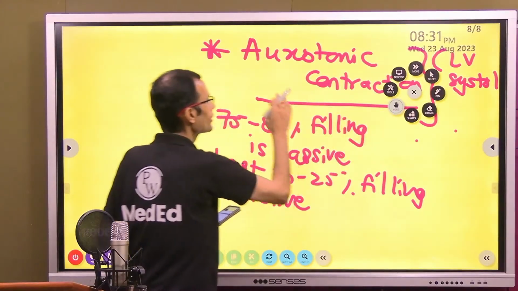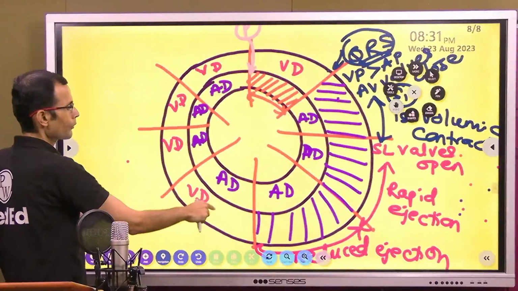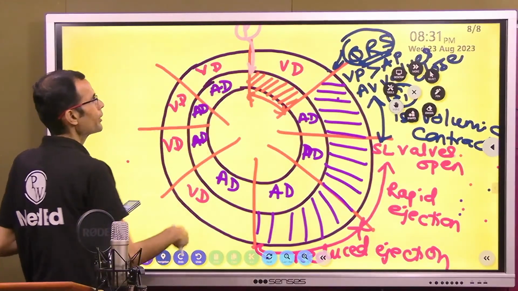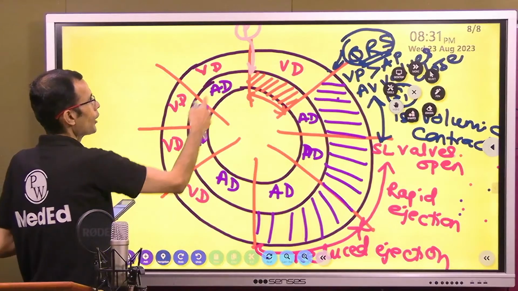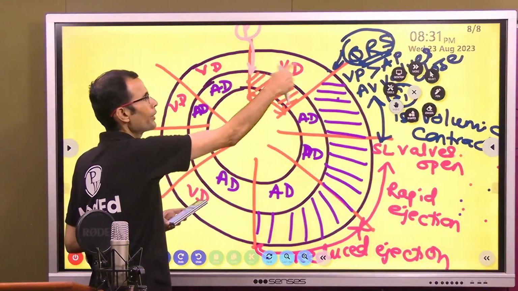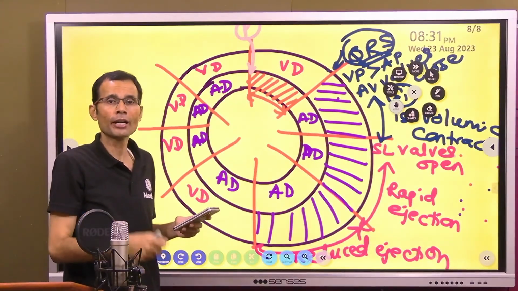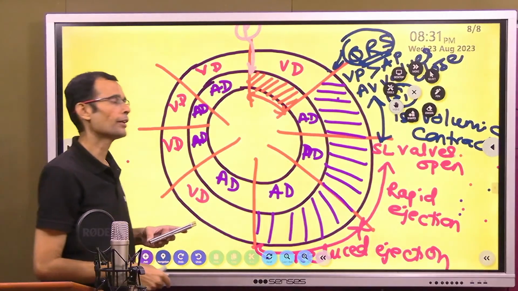As we can see in this diagram, ventricular diastole has 5 parts, and in 4 parts the atria are also in diastole. The last part of the ventricular diastole coincides with atrial systole. At that time the atria contract and actively send the blood into the ventricle.